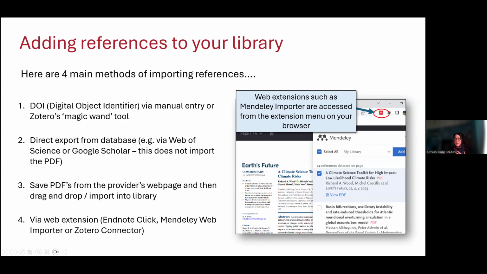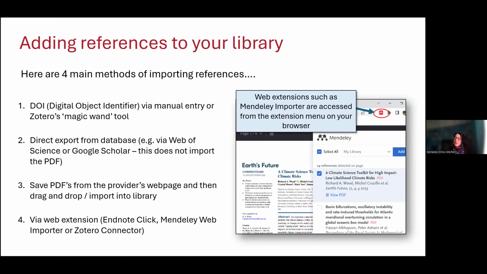I'm sure you've come across a digital object identifier. That's a unique number for the article, which is entered either via the manual entry function or Zotero's magic wand tool. Second, I'm going to show you how to export directly from a database, Web of Science and Scopus in this case.